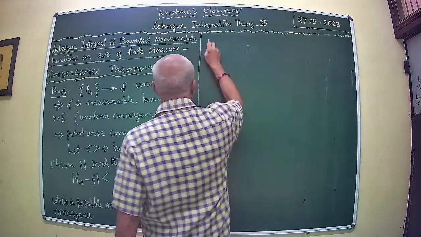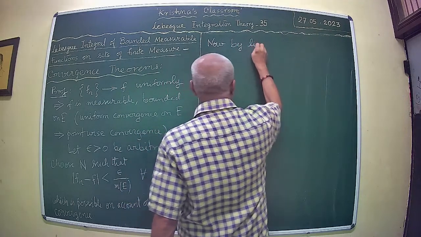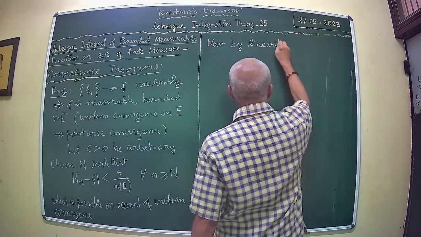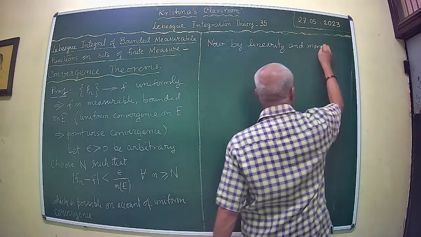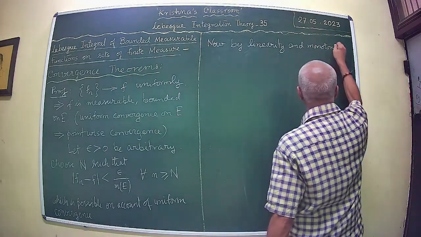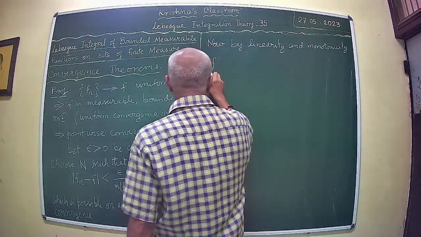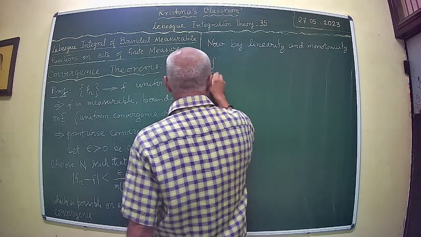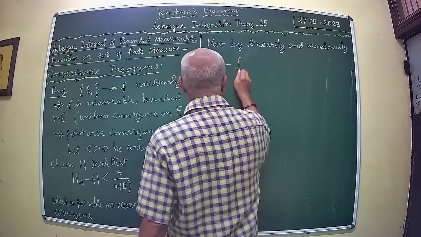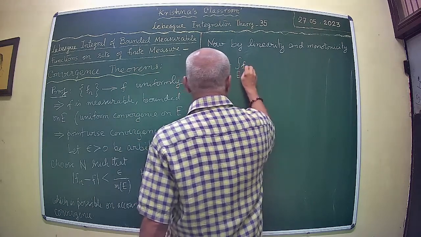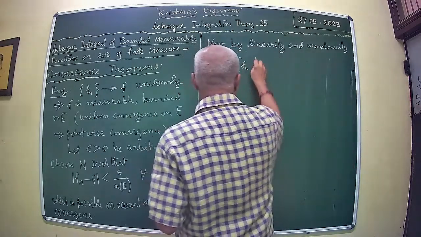Now, by linearity and monotonicity, take the integral over E of Fn minus F and take the absolute value of this.